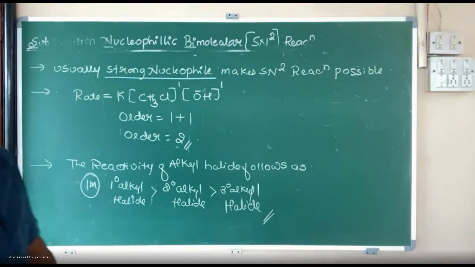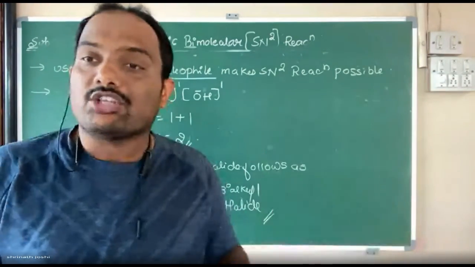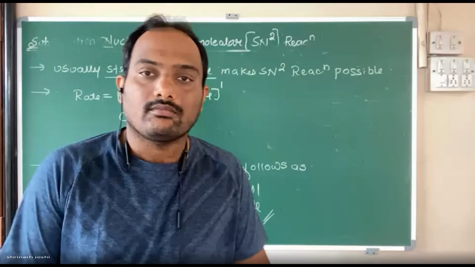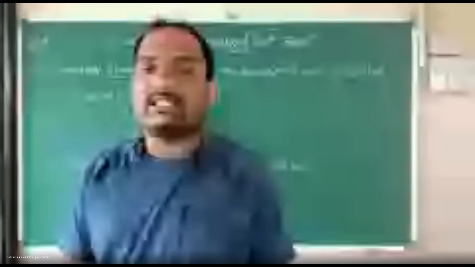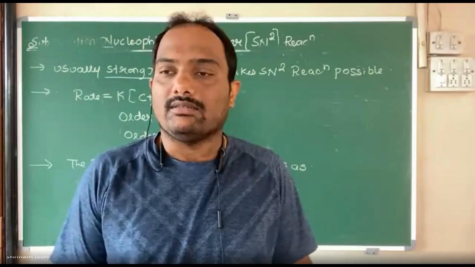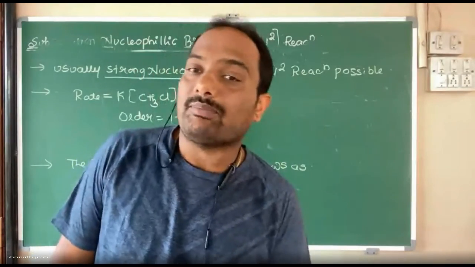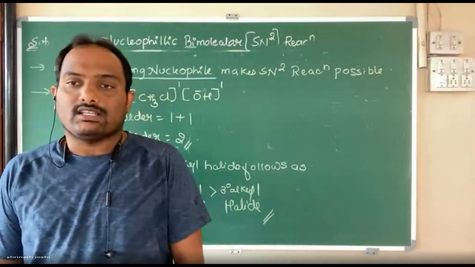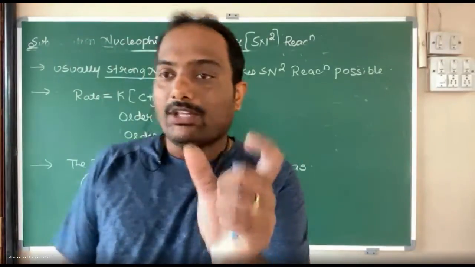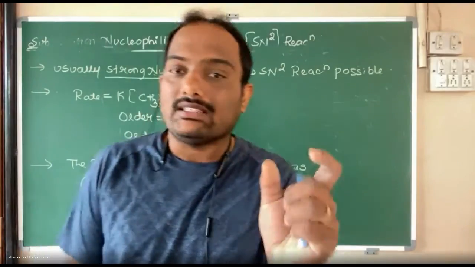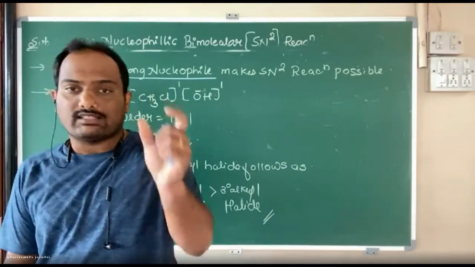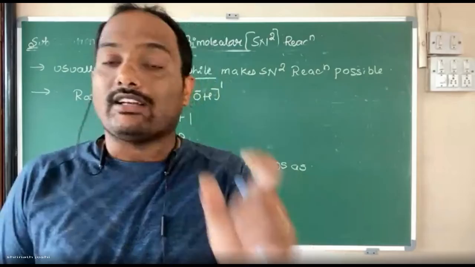Good. Now come back to the heading which you have written, SN2. Just open that page. There, the example you have written: hydrolysis of methyl chloride in presence of aqueous KOH to form methyl alcohol.